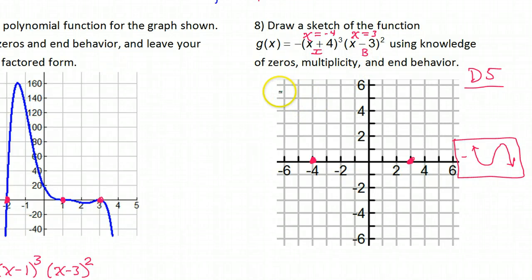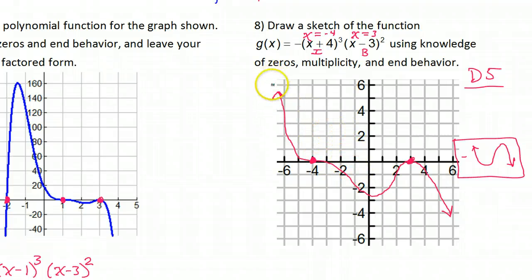So starting off up high, my inflection would be something like this. There's my inflection. Now I need to come back around in time to do a bounce off of this. Not the prettiest graph I've ever drawn, but that is good enough.